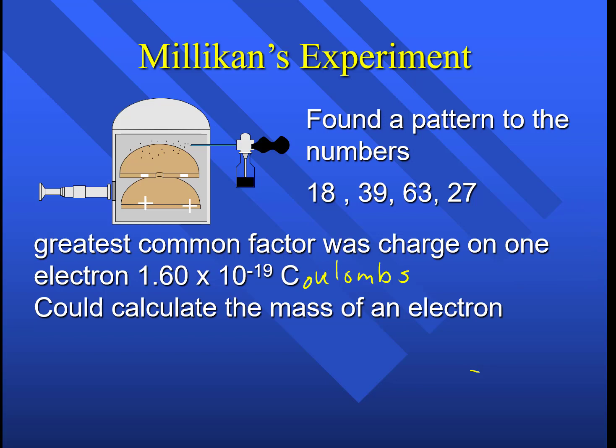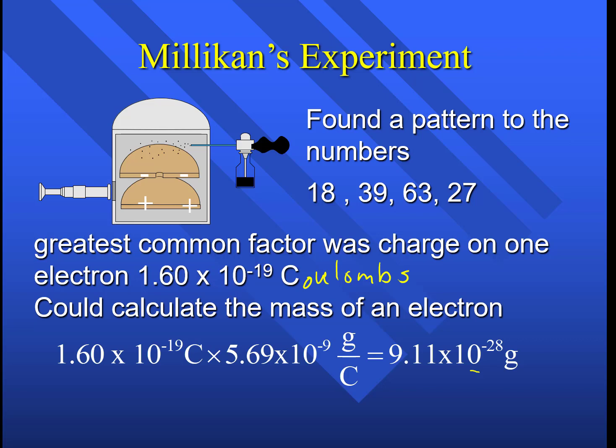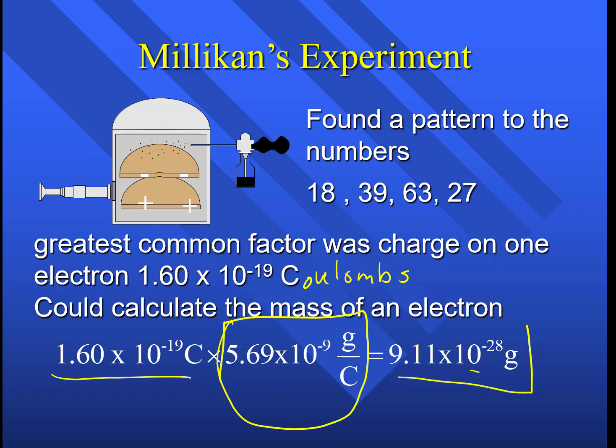How much charge would it take to bend that much? So this was the ratio he'd found. So he took and multiplied that and found out that that was the mass of an electron.